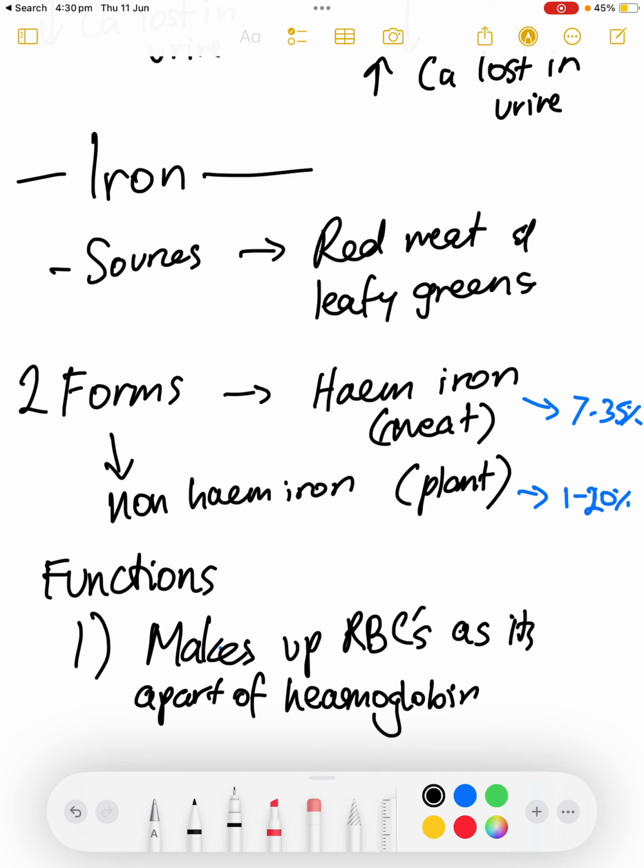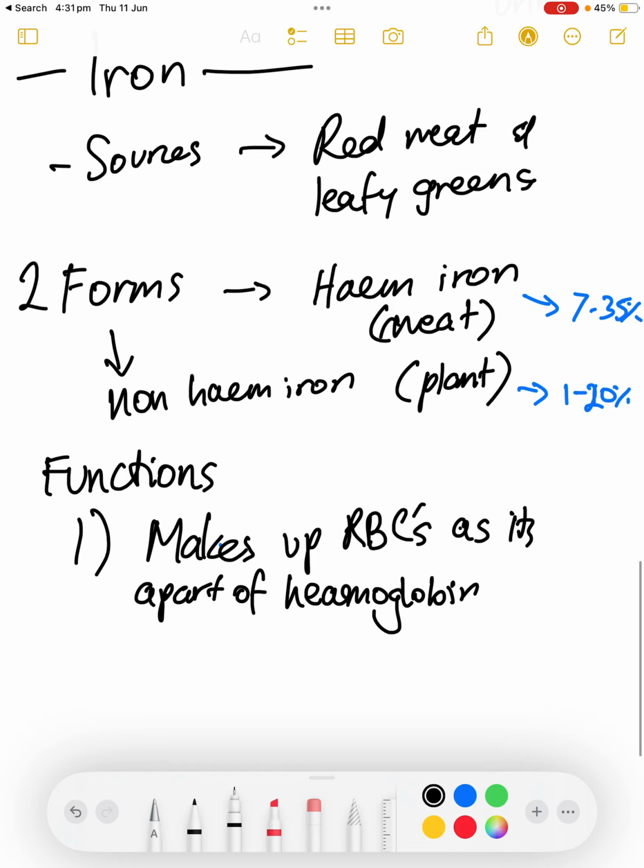It also carries some carbon dioxide waste back to the lungs to be exhaled, and it gives red blood cells their red color. When it's deoxygenated it doesn't appear red, it has more of a blue color too.